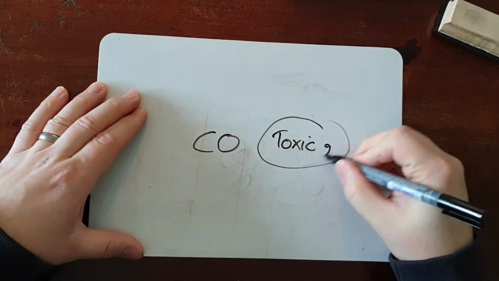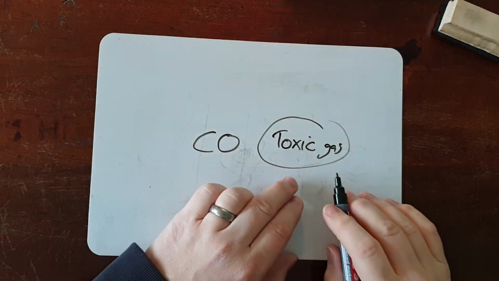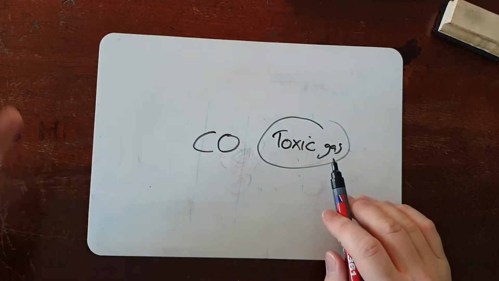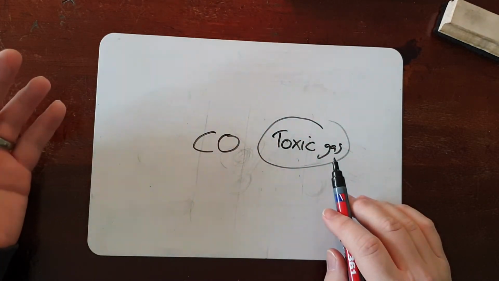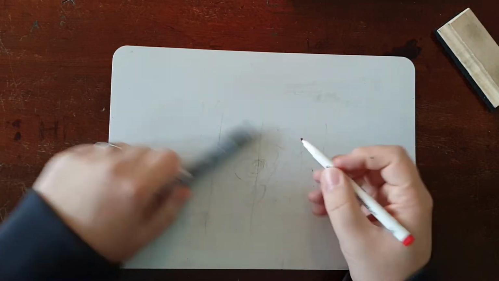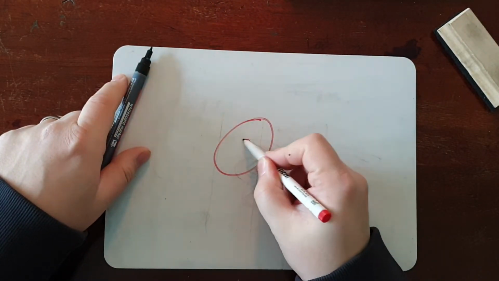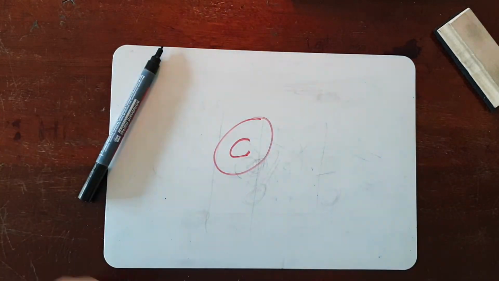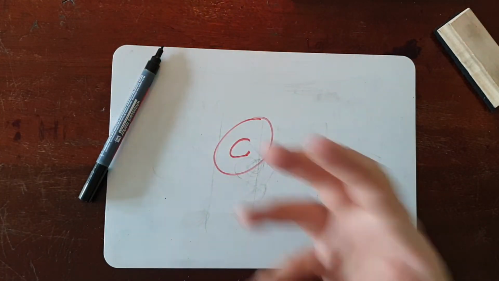It's a toxic gas. And how it behaves as a toxic gas is, you breathe it in, and in your red blood cells, so I know this is going into a little biology now. You've got your red blood cells, your little biconcave disc thing, and they've got hemoglobin in them.